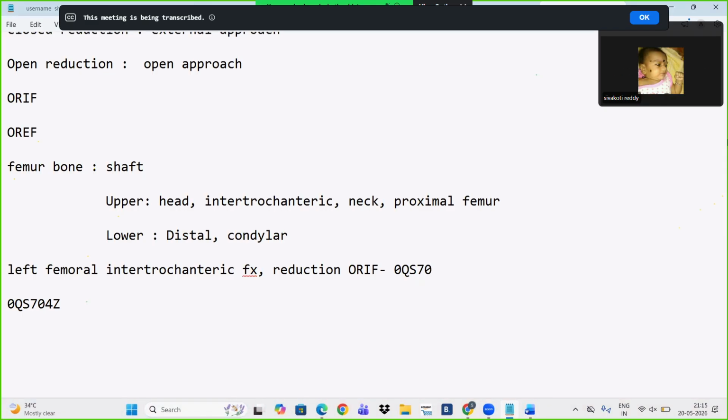Internal fixation means 0. Then for internal fixation, what is the device value? 4, Z. Suppose if they mention internal fixation with intramedullary, then 6. We need to check what they are performing. 0QS7 0 4 Z.